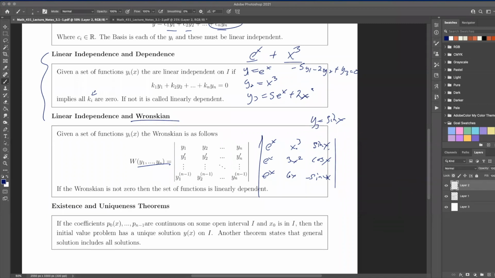Where does it talk about the Wronskian? Solution, linear independence, uniqueness, Wronskian. This is the Wronskian.